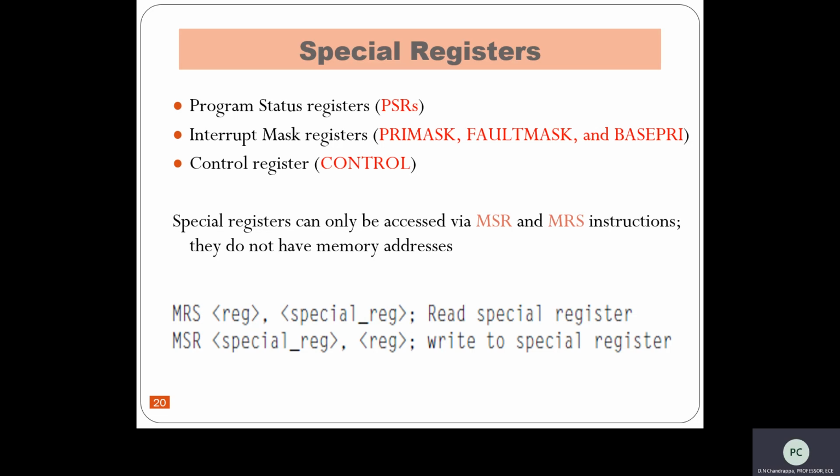The first one is called MRS. Here the register is the destination and the special register is the source, so the content of the special register moves to the register. MRS reads the special register. Similarly, the second instruction writes content to the special register.